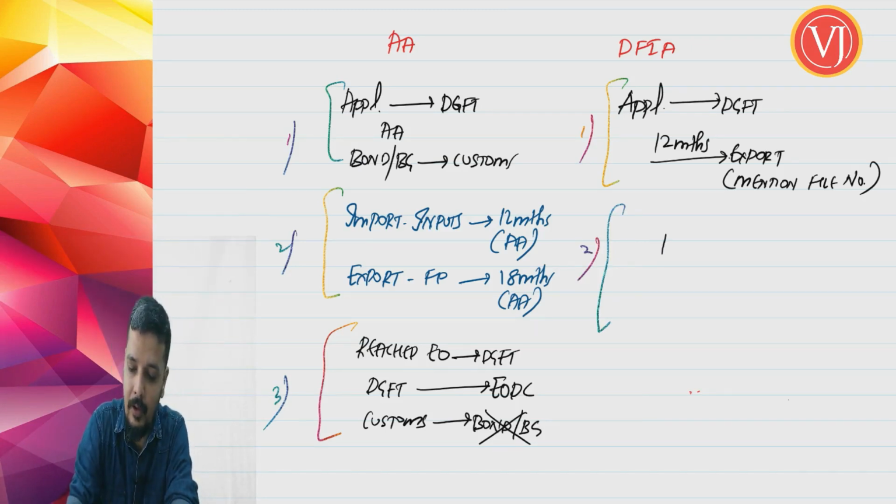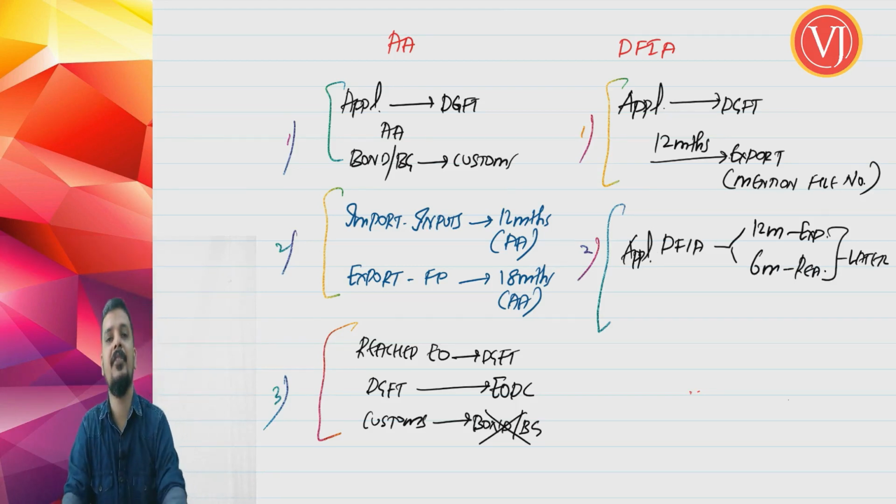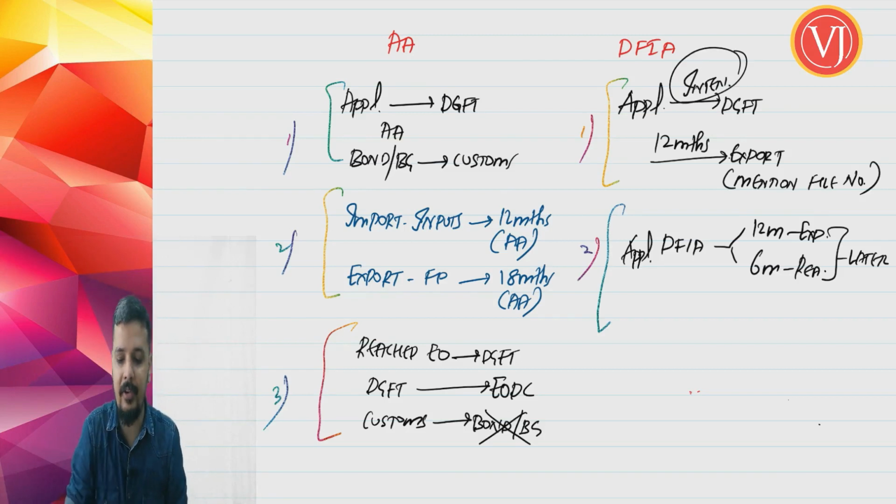For this, again you have to apply within 12 months of export or 6 months plus extension of realization of export proceeds, whichever is later. So again you are going to make an application. The first application is about your intention for DFIA. The next application is actually for getting your duty free import authorization.